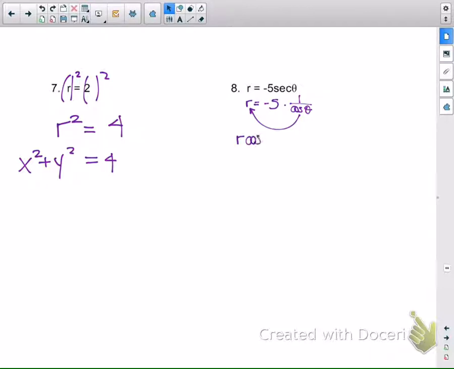All right, what is r cosine theta the same as? X. So what does this end up being? What kind of line? Vertical line. That's it. Done.